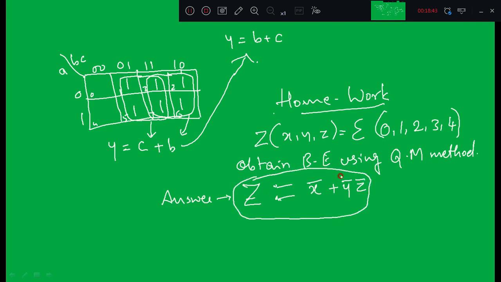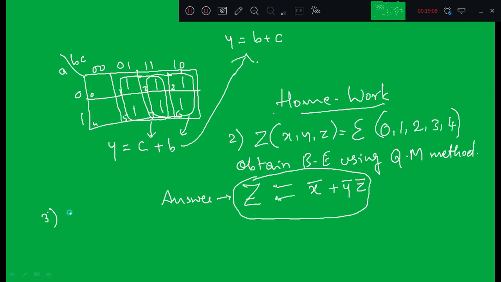If you have any doubts you can ask me. Once you solve using the QM method and verify it using the K-map, if you get the same answer, you can verify it yourself. I'll give you one more example, the third example, for homework.